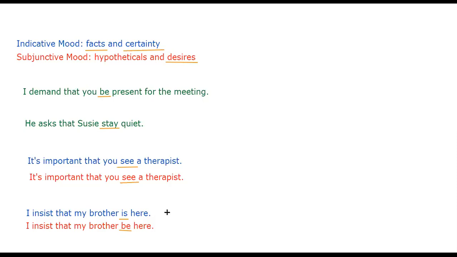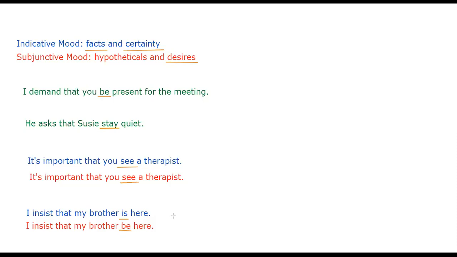But the second one says you want your brother to be here. You demand that your brother be here. Like you want him to be there. So the first one is a fact. The second one is just a desire. So that's the difference.